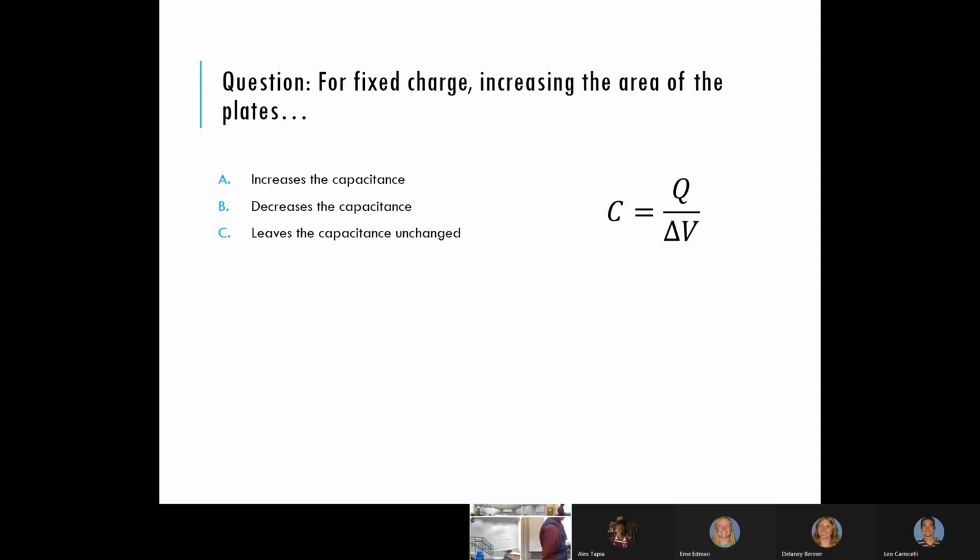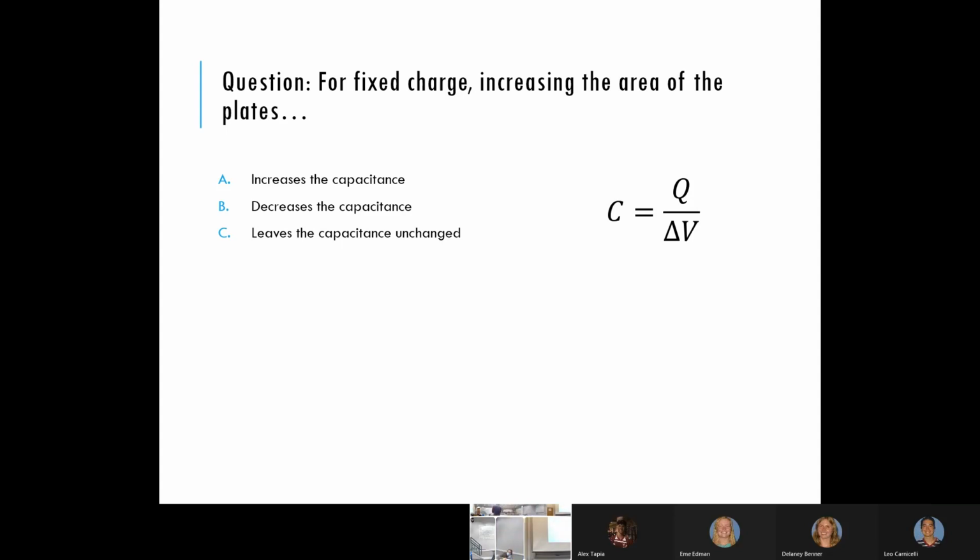Yeah, let's see here. We already talked about that if I fix charge and I stretch the plates, I decrease the number of equipotentials between the plates, which means delta V has decreased. Q has stayed the same.